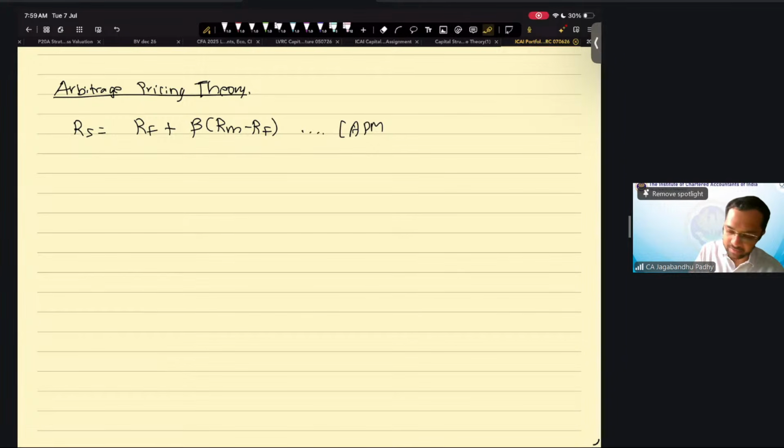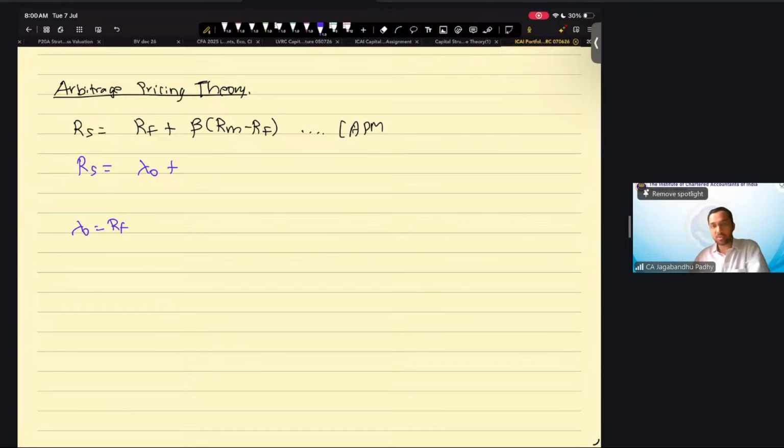And therefore, arbitrage pricing theory says that the return of security should be lambda zero, because lambda zero is your risk-free security. But you need to look for the various sources of risk and add a risk premium based on that.